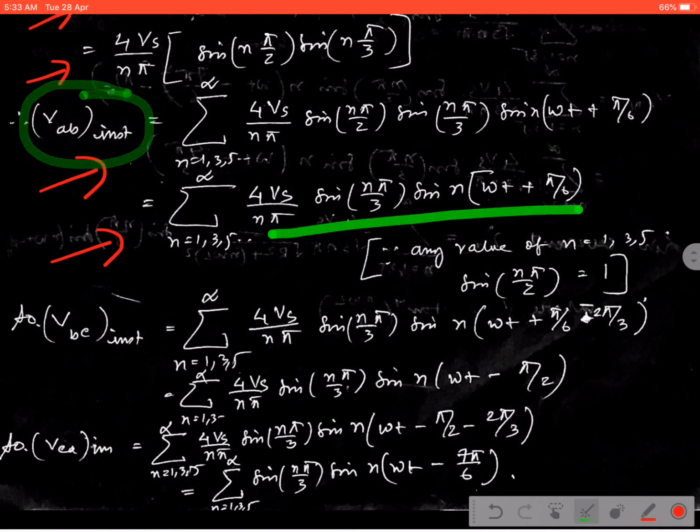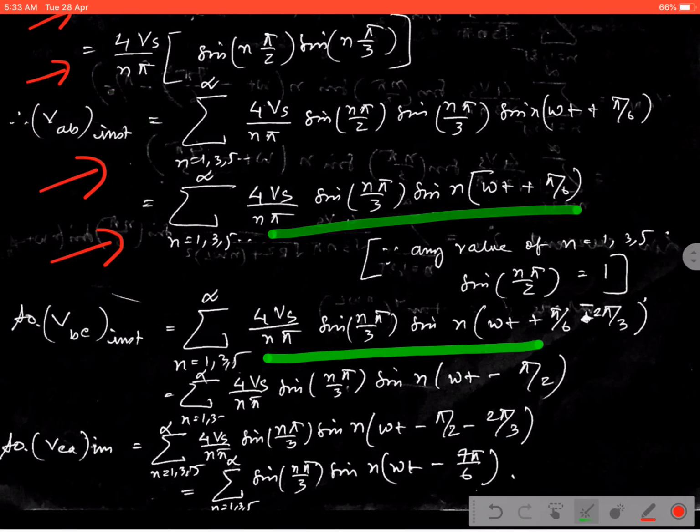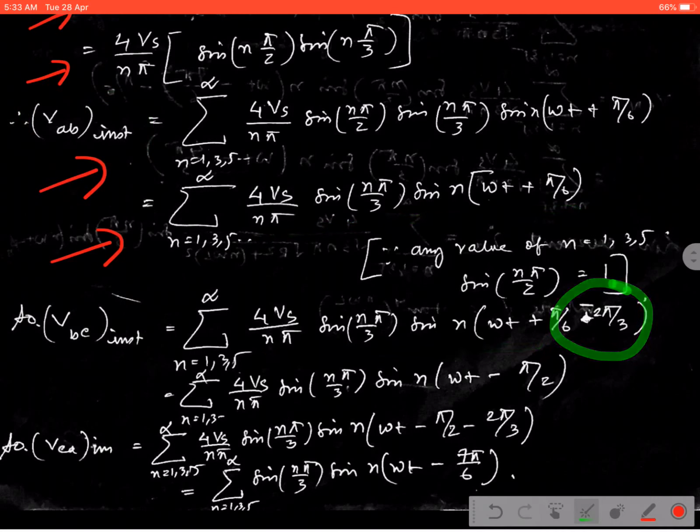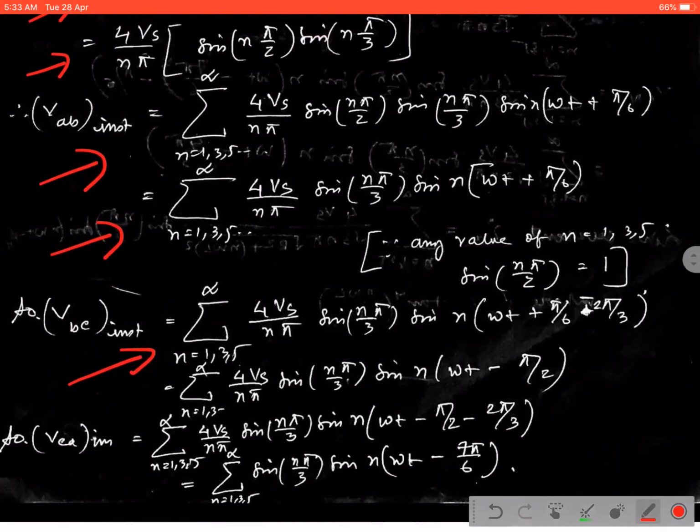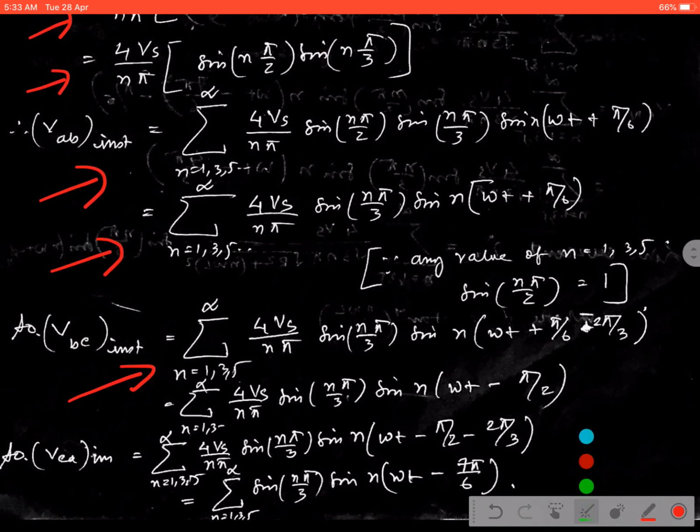That is why I have written this expression, lagged by 120 degrees, and this is the expression for the line voltage VBC. For further simplification, pi by 6 minus 2 pi by 3 gives you minus pi by 2. So this is the final expression.